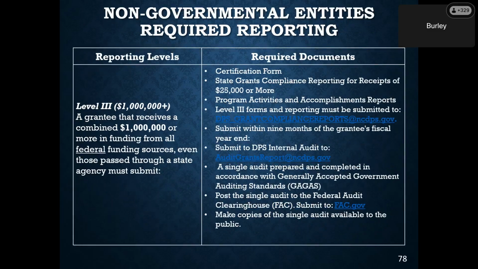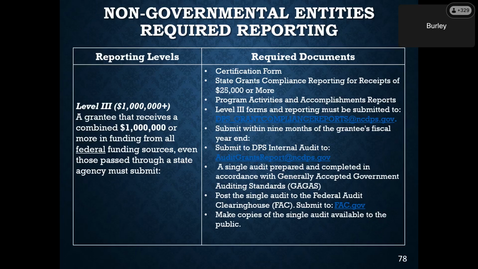The second part of Level 3 is for grants of $100 million and more. These 3 forms needed and submitted to the first email in bold are the certification form, state grants compliance reporting for receipts of $25,000 or more, and program activities and accomplishments reports.